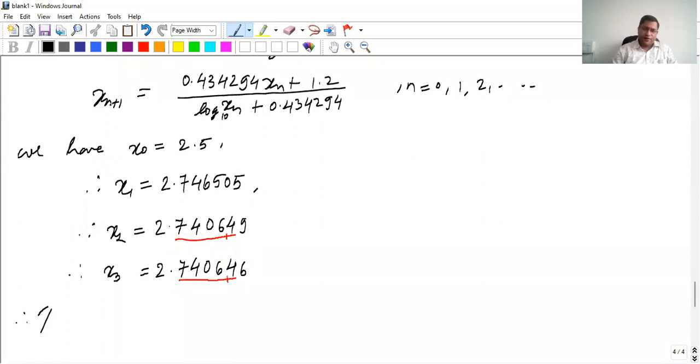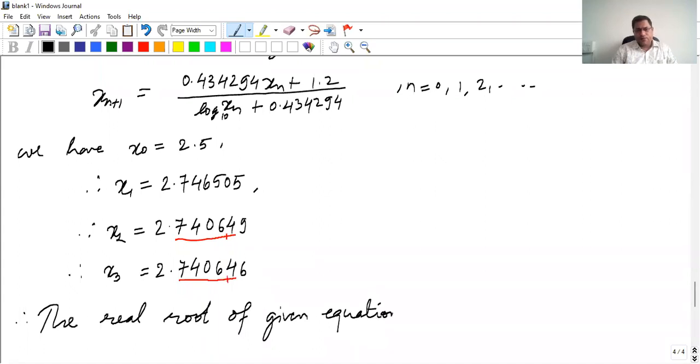Hence the real root of the equation is x is equal to 2.7406. This is correct up to 4 decimal places.